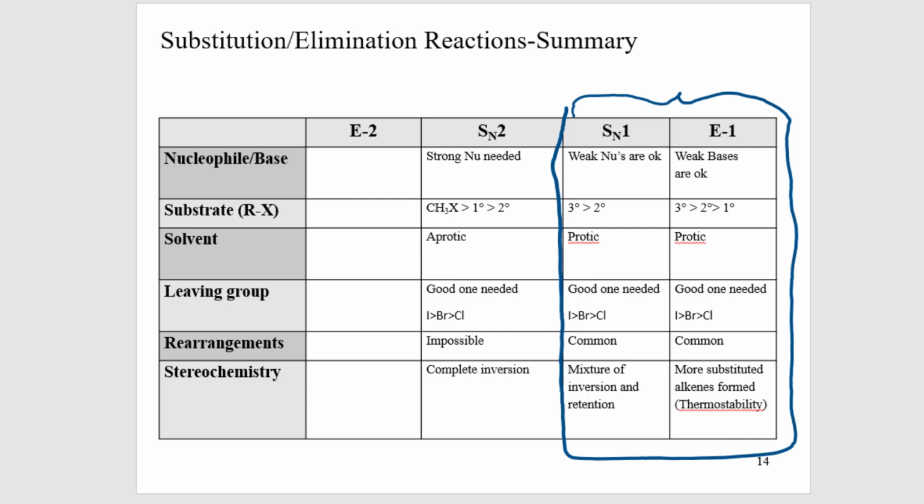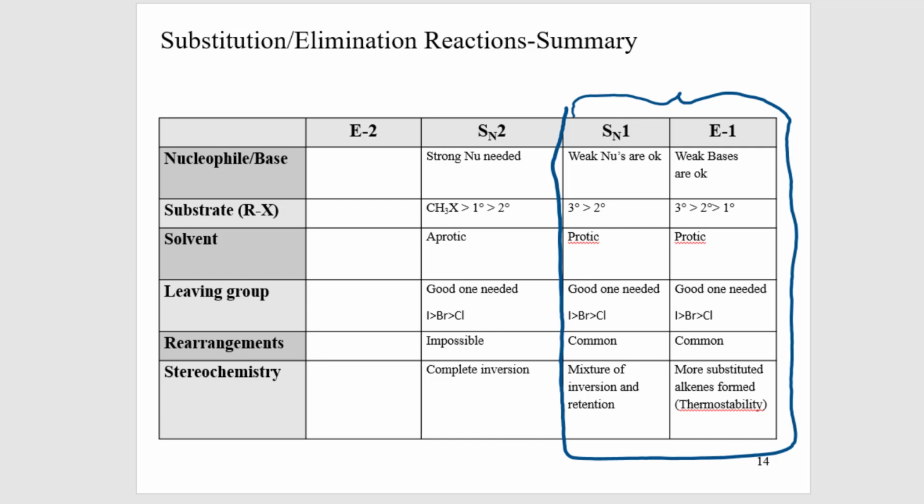Water, ethanol, methanol, right? We noticed that for the substrate, the electrophile, tertiary is better than secondary is better than primary. Oh my God, this is the same. Solvent, they want protic. Leaving group, well, a good leaving group is a good leaving group. Iodine's better than bromine's better than chlorine. So far, there's no difference between them.